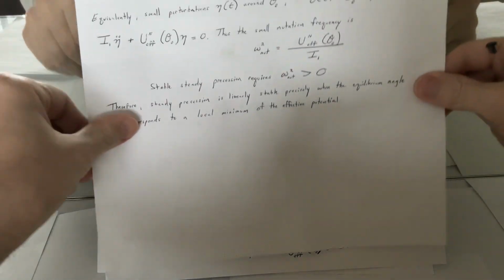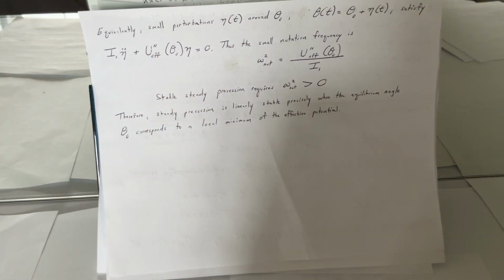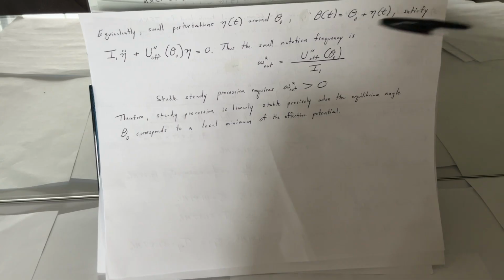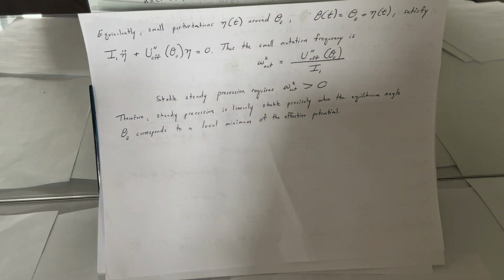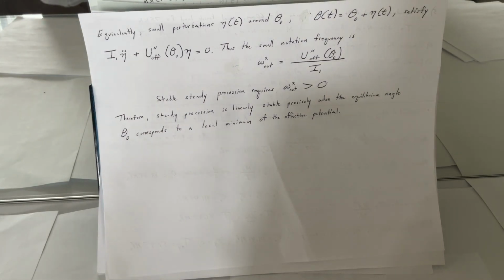So building on that, consider small perturbations, eta of t, around theta naught. Theta of t equals theta naught plus eta of t, and they satisfy I sub 1 eta double dot plus U sub EFF double prime of theta naught eta equals 0.